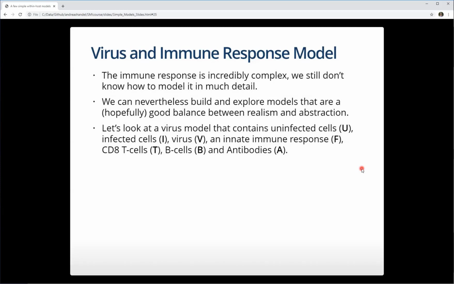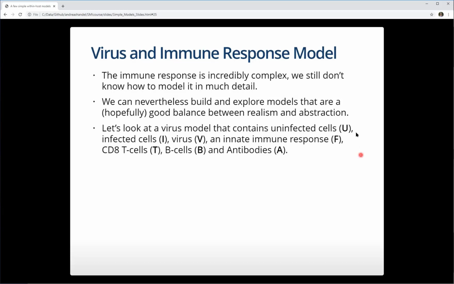It would just be too unwieldy. We can still build models that have the right balance between being realistic enough that they have the components we're interested in, and still be simple enough that we can actually study and explore them. So here's one step, just illustrative of how you could do it.